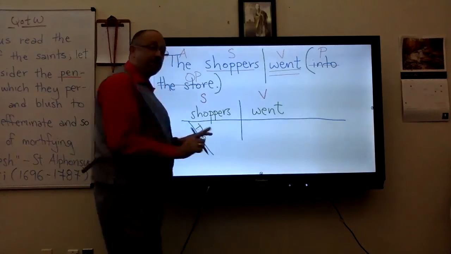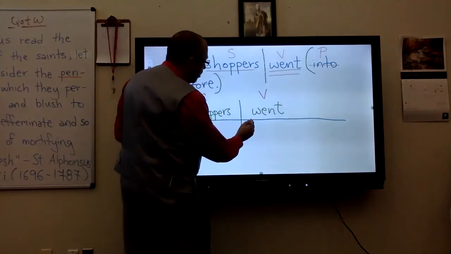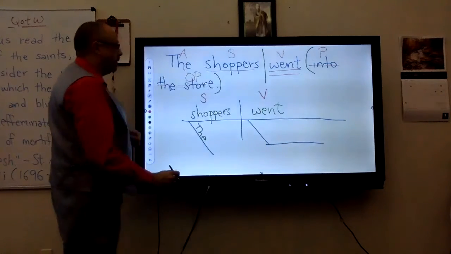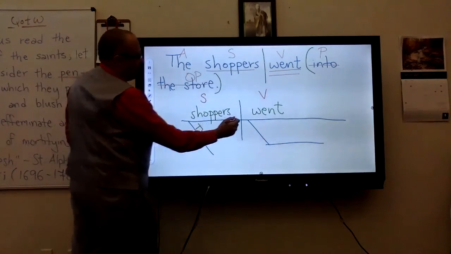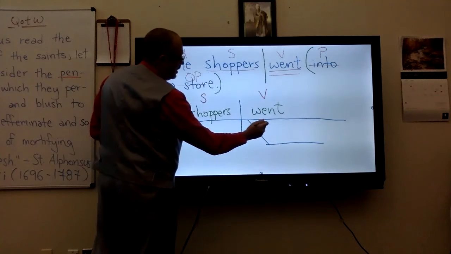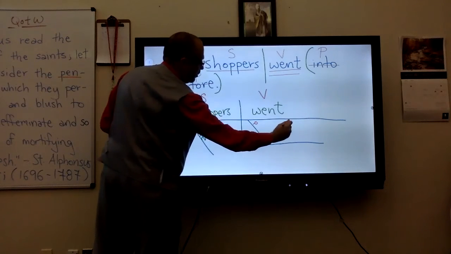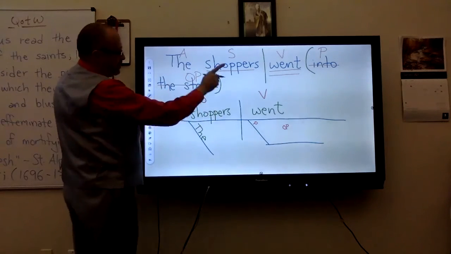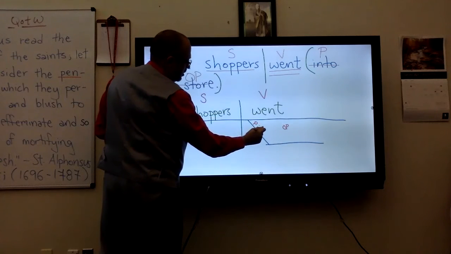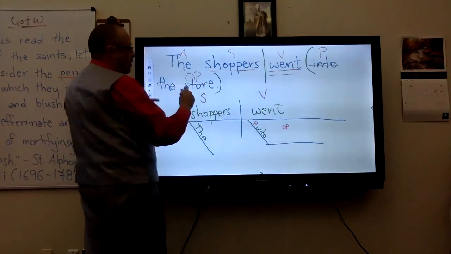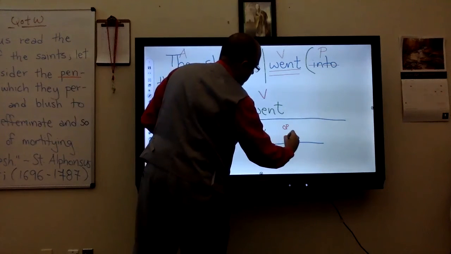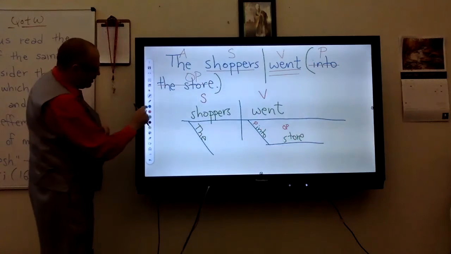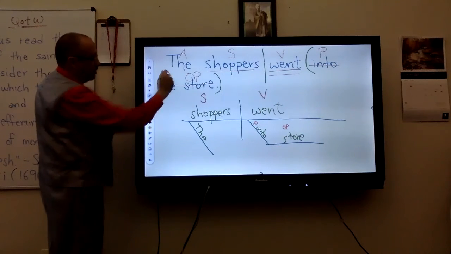The format for prepositional phrases works like this, okay? Works like that. And on this line, we put the P, and on that line, we put the OP, okay? So the preposition is into, the OP is store, and notice we've got the, another article, right?